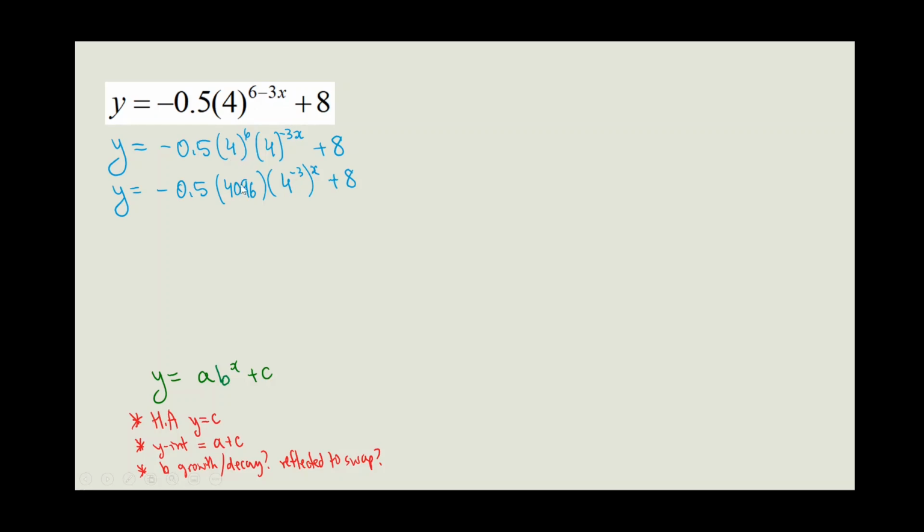Then 4 to the 6 could be evaluated. And on this side, we're going to use the power of a power law going backwards. Put this negative 3 as part of this base itself, which we can work out on the next line. 4 to the negative 3 is the same thing as 1 over 4 to the power of positive 3. And half of this number here, we can simplify that as well.